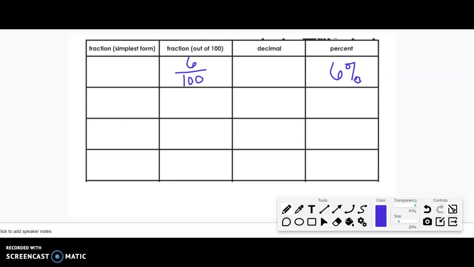I can go any order that makes the most sense to you. And then for my decimal, again, I want 6 hundredths. Not 6 tenths, I want 6 hundredths. And now for our fraction in simplest form, we have to take our fraction out of 100. In this case, we can divide by 2 to get 3/50.